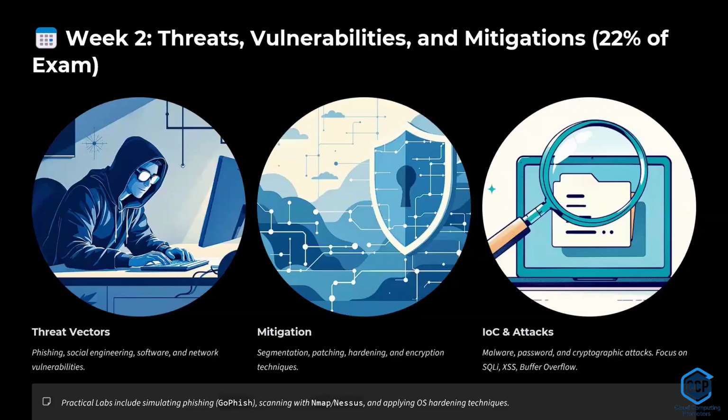Then in week 2, on threats, vulnerabilities, and mitigation, we will be having labs where we'll be learning what phishing is, what social engineering is, what a Trojan is, what malware is, and what happens if we download any software which is unpatched, or which is modded, or which has been illegally activated. What happens if those files are installed on our computer?